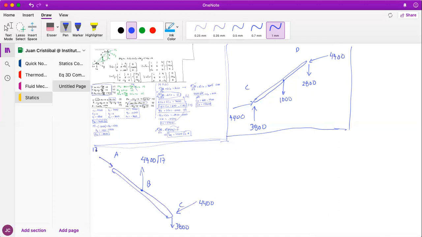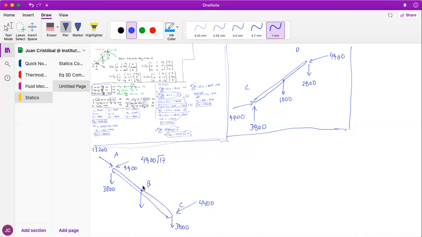So this is 1200, and this is 3800, and finally in the x direction I have this 400. So in one of them, this one is actually not going up, but going to the wall. This guy is not going up, it's actually going to the wall.